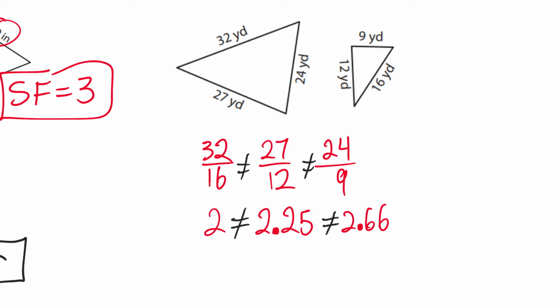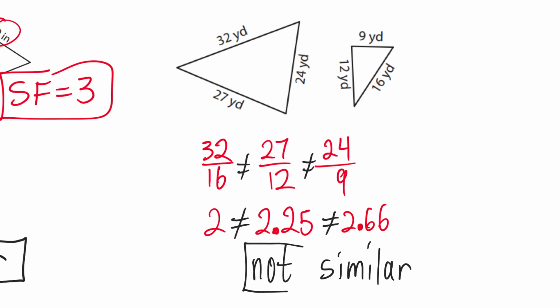It scaled by this. So each side was scaled by a different number. That tells me that these are not similar. This side does not relate to this side in the same way that this one relates to this one. And that's all that has to happen. It just has to be one that's not the same. All of these are different.